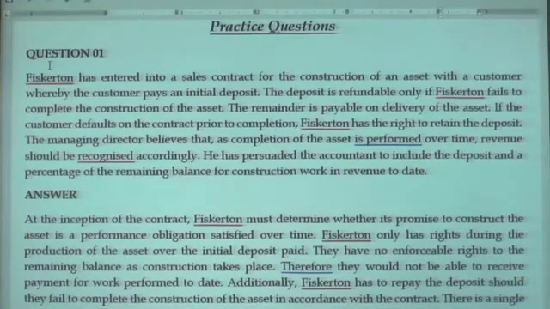If you fail to complete the obligation, you need to refund it. Clear? The balance will be payable on the delivery of the asset. If the customer defaults on the contract prior to completion, the company has the right to retain the deposit. Is that clear?